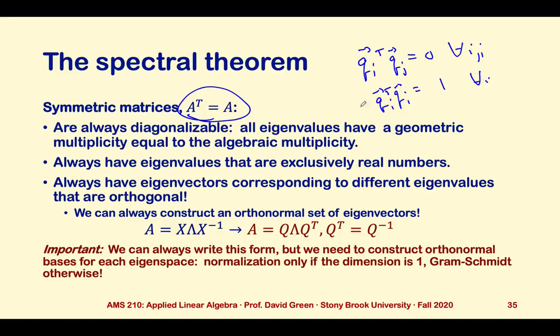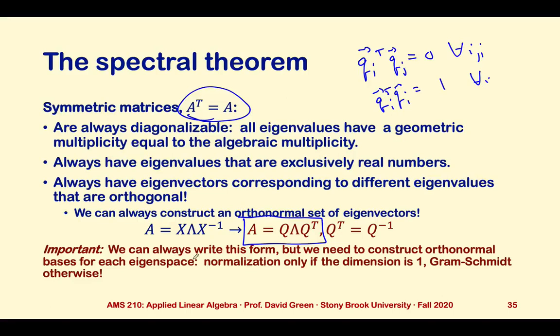And when we have a matrix that has orthonormal columns, its transpose is equal to its inverse, and that lets us write the eigenvalue decomposition in this special form, A equals Q lambda Q transpose, where Q has orthonormal columns. And we don't need to take the inverse, we just need to take the transpose.